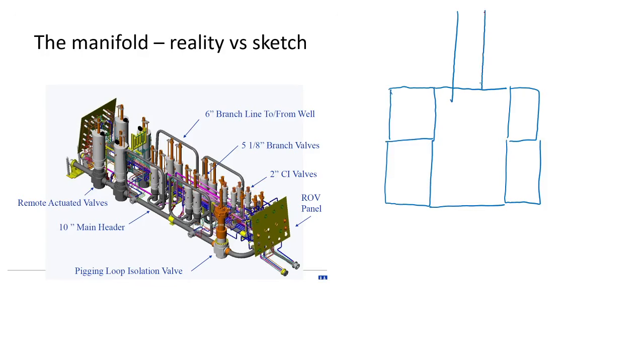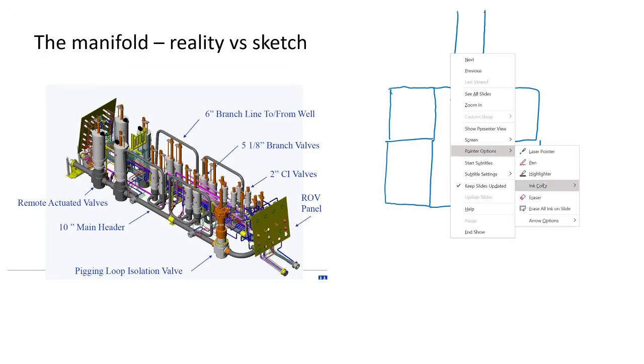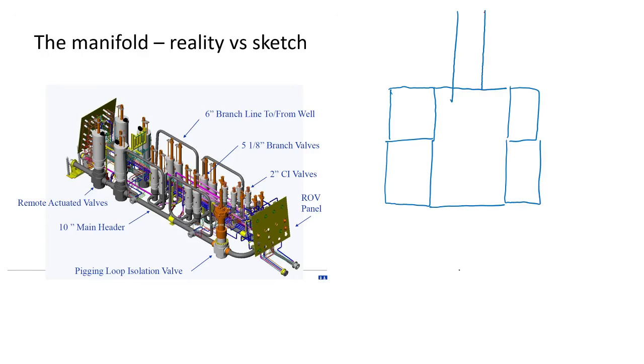If we have two lines connected, then we have the header. Let's put it in another color. Let's say we have well 1, and for that well we have just one line.